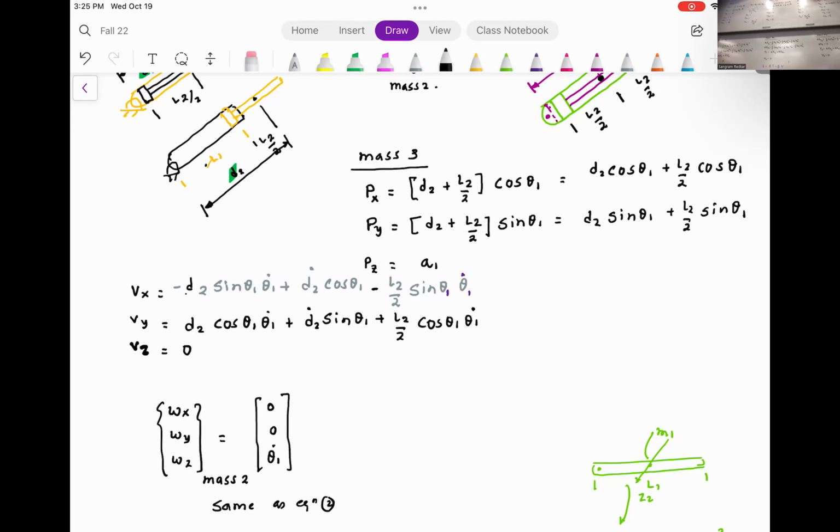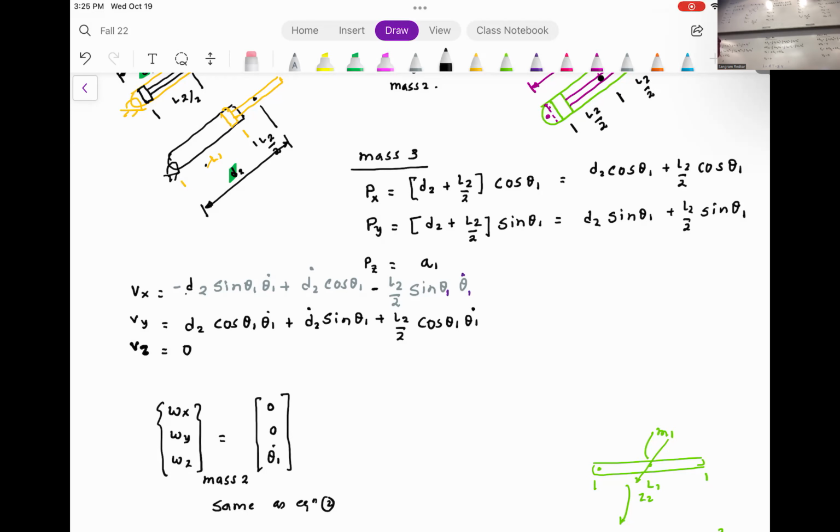Everyone understood this? And all of the V's, V1, V2, V3 are 0 because we're operating in the XY plane. This is the datum and the mass is on the datum, and the mass will always be on that horizontal plane.